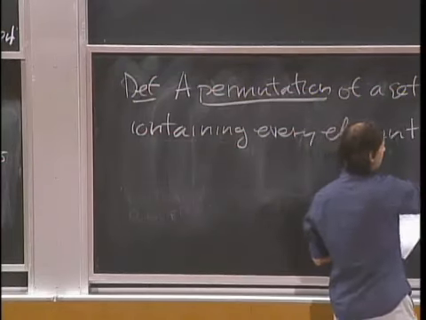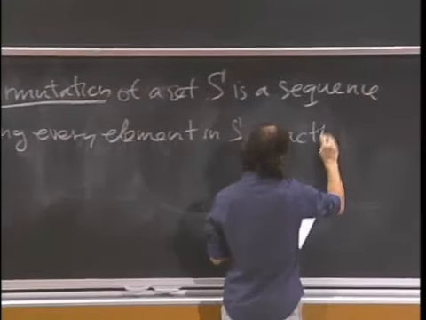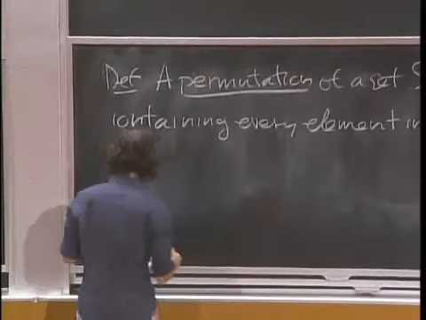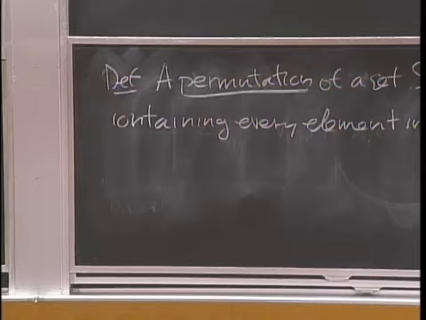So every element in S occurs exactly once. And as an example, we may look at the set that we have described over here, the set A, B, and C.